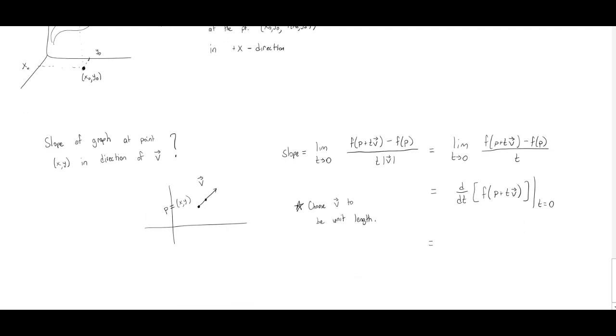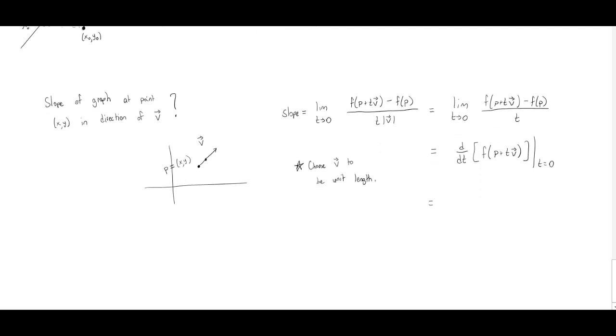Now, in order to compute this derivative, it's actually a chain rule situation. So if I use a chain rule, I would do the derivative of the outside function. Well, rather, this is a special case of the chain rule, so it's the gradient dot product with the derivative of the inside. Okay.